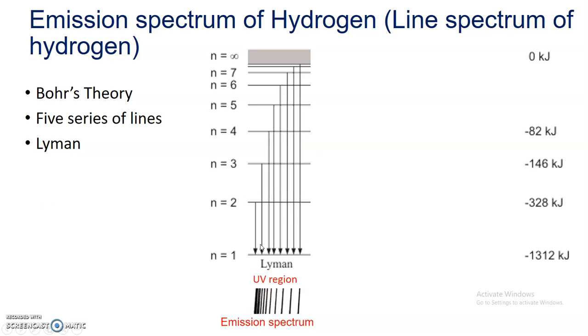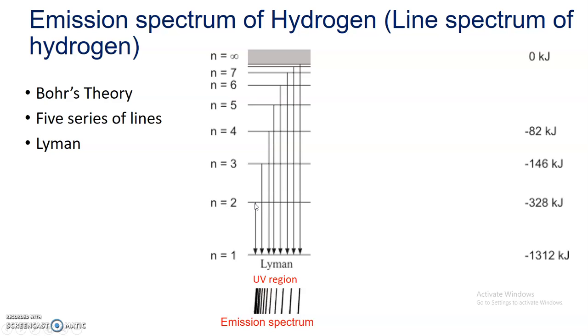First is the Lyman series. Now, as I said, when an electron jumps from a lower energy level to a higher energy level, it absorbs energy, and the lifetime at the higher energy level is very short. Immediately it comes back to the lower energy level or ground state. Now consider the electron jumps from the ground state to the next higher energy level, that is, n = 2.